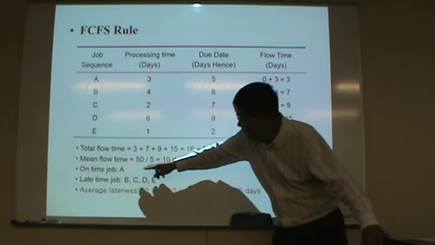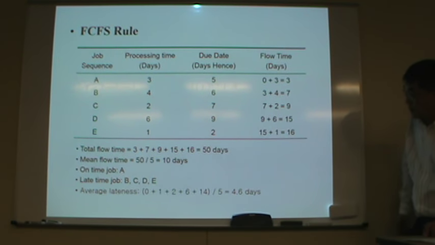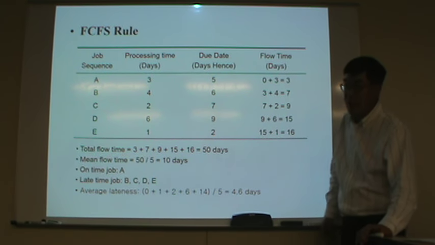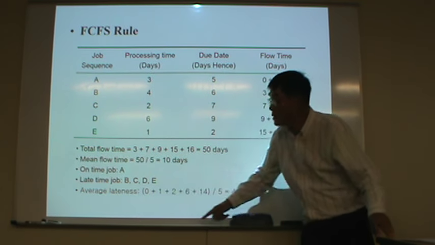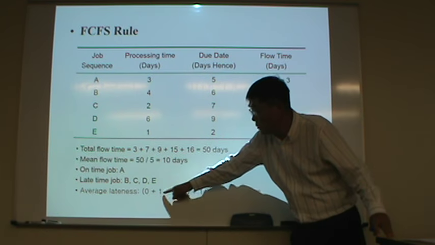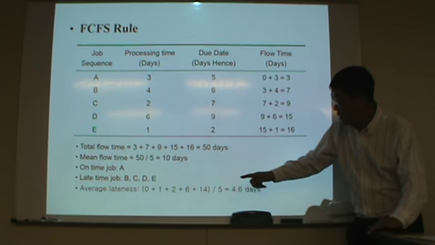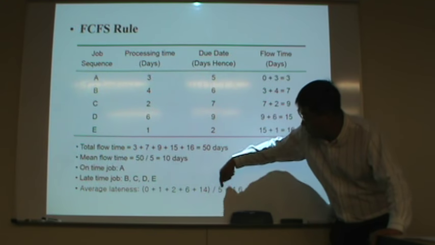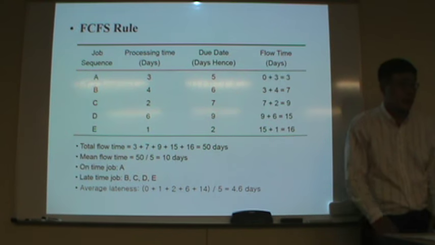So the only on-time job is A, the others miss the due date. For average lateness, this one is on time, so 0 lateness, then 1 day late, 2 days late, and so on. So average lateness is total lateness divided by 5, which equals 4.6.